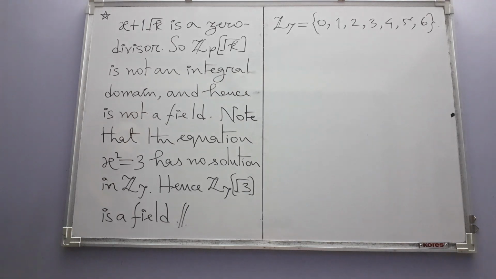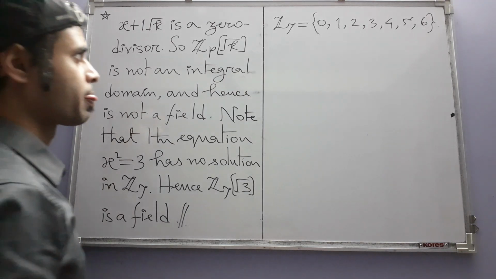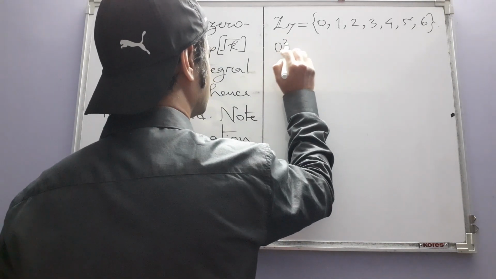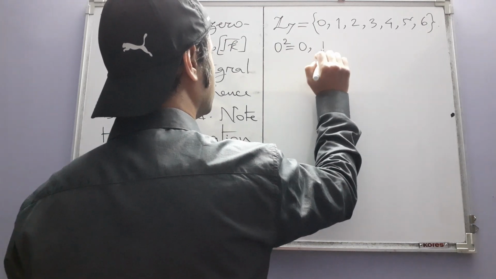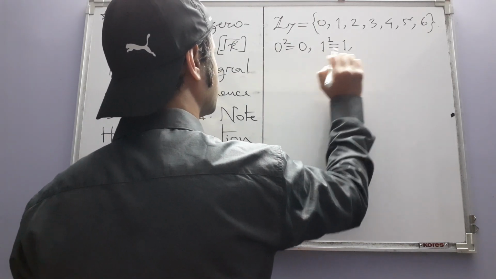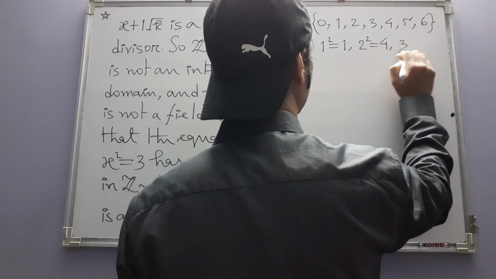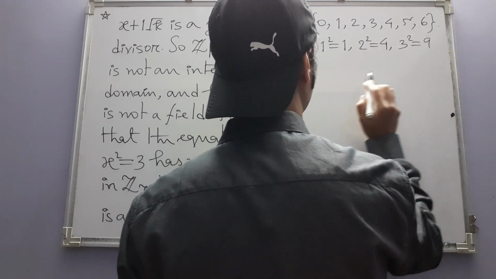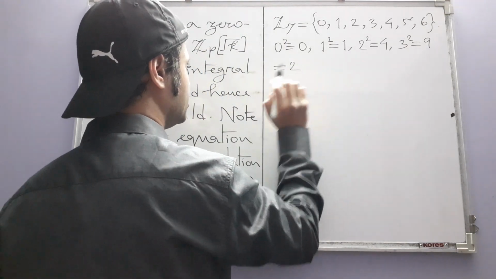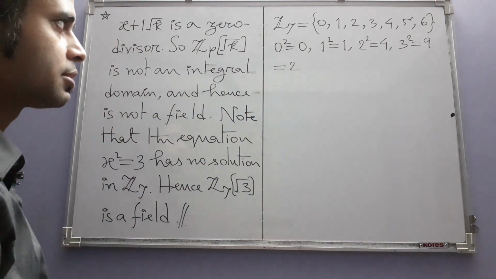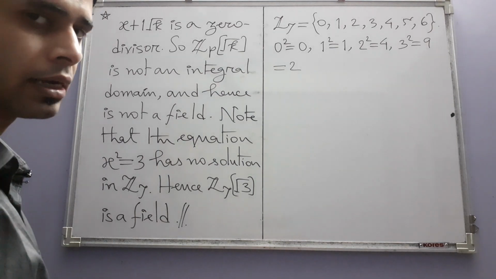These 7 symbols. 0 square is of course 0, 1 square is 1, 2 square is 4, 3 square is 9, but modulo 7, 9 is 2. You divide 9 by 7, the remainder is your answer.